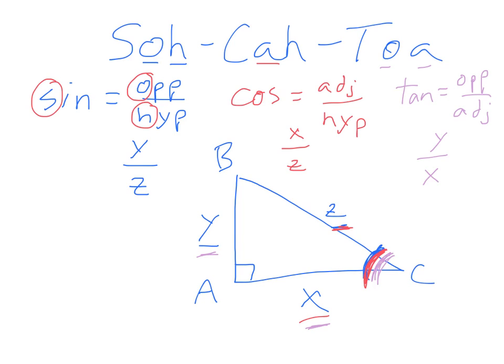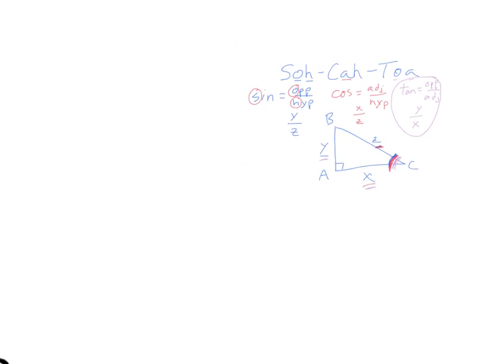Today we're specifically focusing on our tangent ratio. Tomorrow we'll continue to take a look at sine and cosine, but today we're going to look at tangent and how we can use it to find missing angles and missing sides of a triangle. So let's go back to our notes.